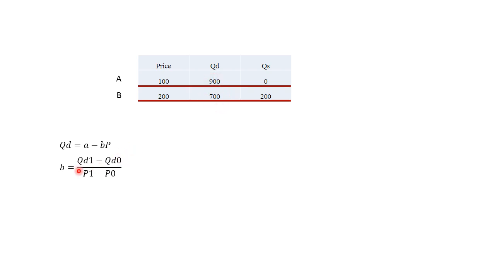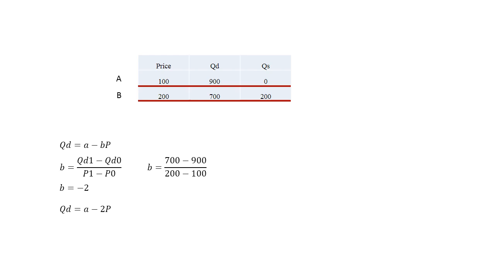P1 is equal to 200 and P0 is equal to 100. So you will get B is equal to -2. Then you have to substitute -2 into this equation.